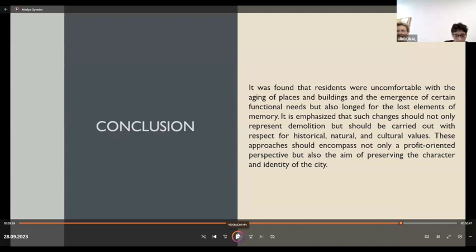It emphasizes that such changes should not only represent demolition, but should be carried out with respect for historical, natural, and cultural values. These approaches should encompass not only a profit-oriented perspective, but also the aim of preserving the character and identity of the city.